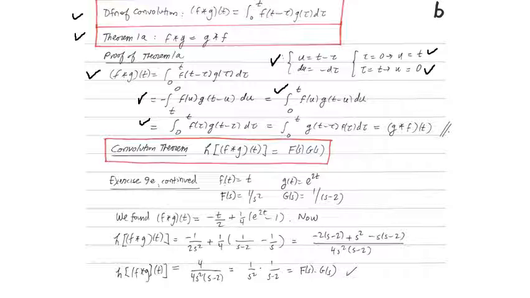Now that I'm done with the substitution, it may be a little more clear what happens if I go back to using tau instead of u as the integration variable, since tau was what we used in the original definition up here.